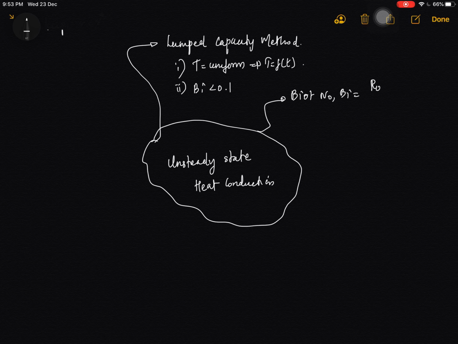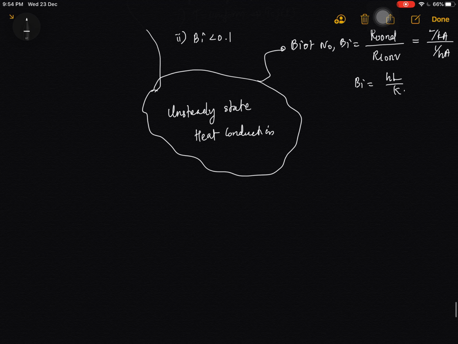And this Biot number is given as the ratio of R conduction by R convection, and for a plane wall we can write this as (L by kA) by (1 by hA), and this will be Biot number equal to hL by k. If the Biot number is less than 0.1, the R conduction value will be minimum, which implies the temperature is uniform.